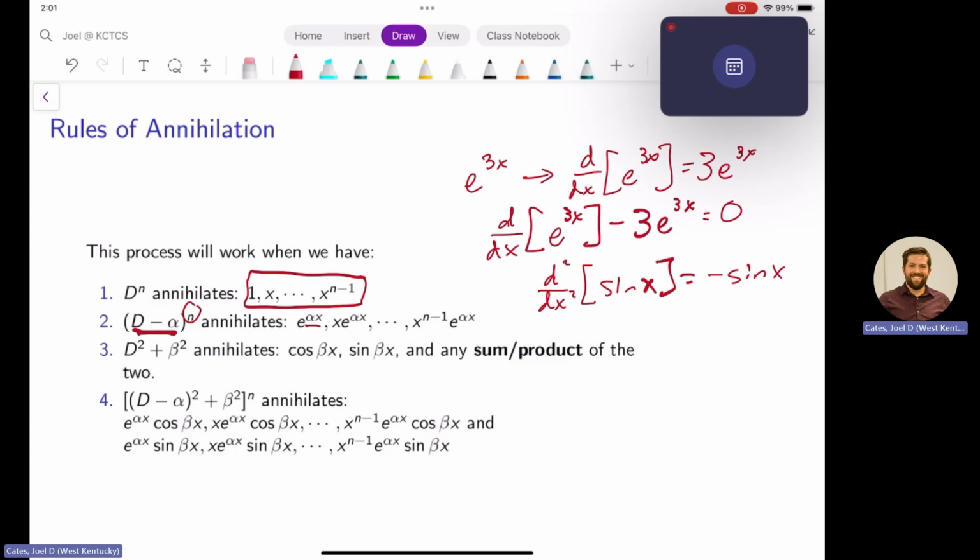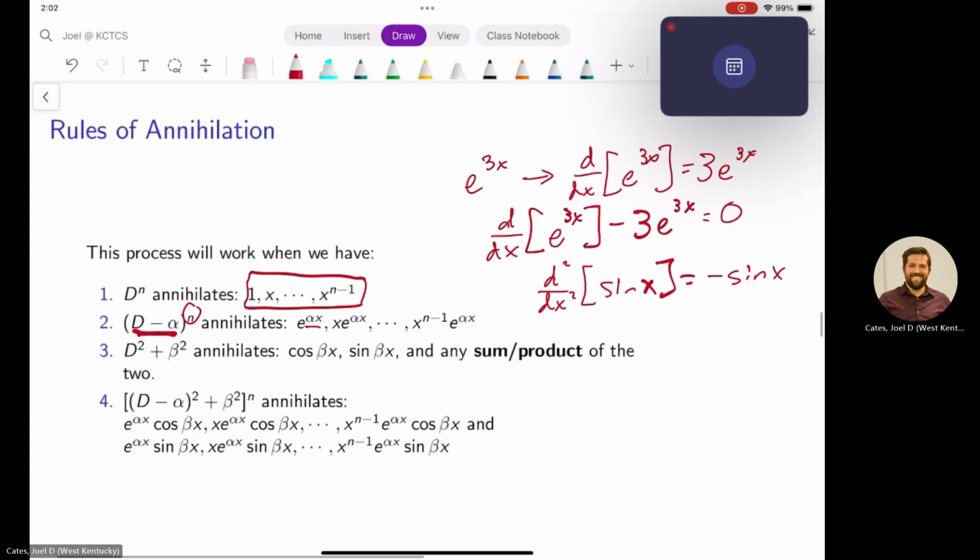So that's where I get the D squared plus b squared. Because if I had sine of 3x, it would be a negative 9 sine of 3x. Right? So that's how that would play out for us. That's why we need D squared plus b squared to change it out.